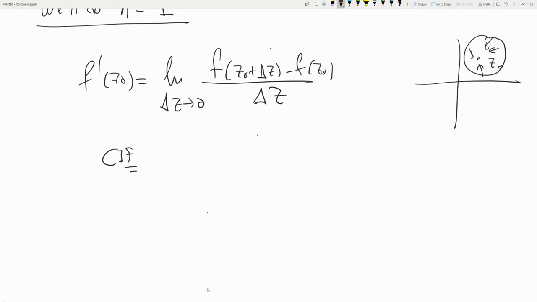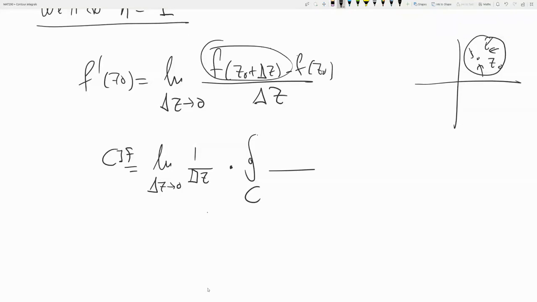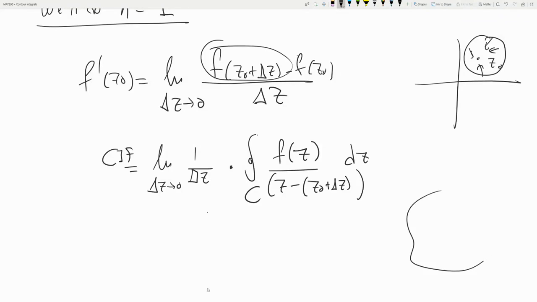We use the Cauchy integral formula. So let me take out delta z over here. So first guy, we have the contour, and then we have z minus z naught plus delta z. So here we have a contour, right?